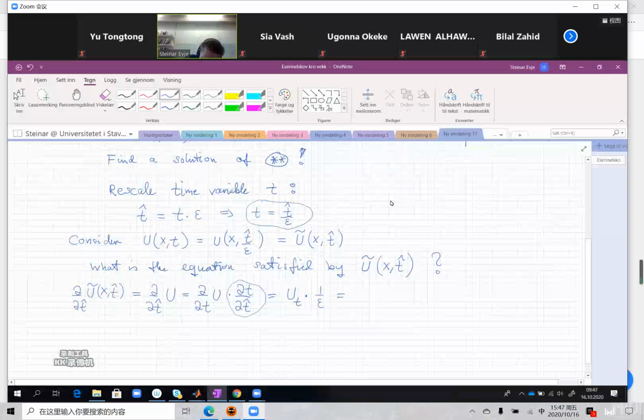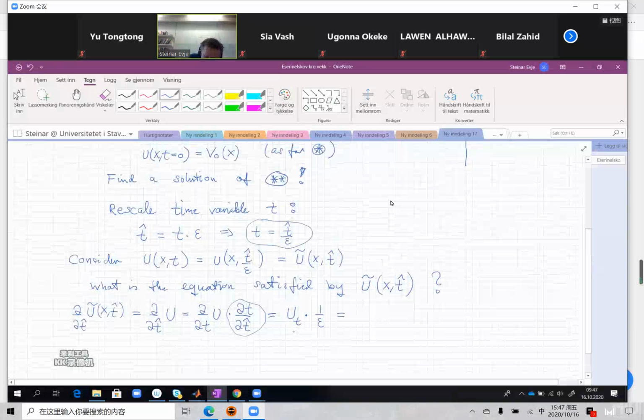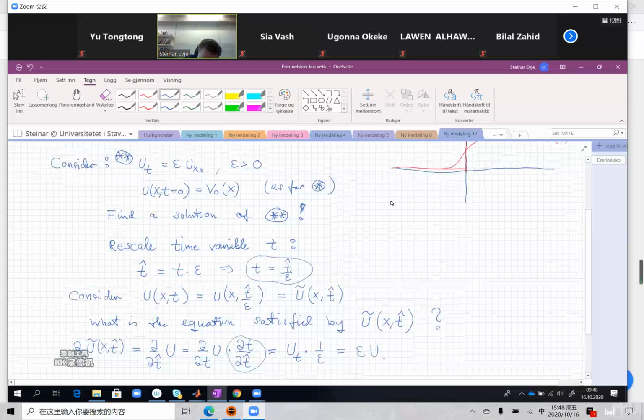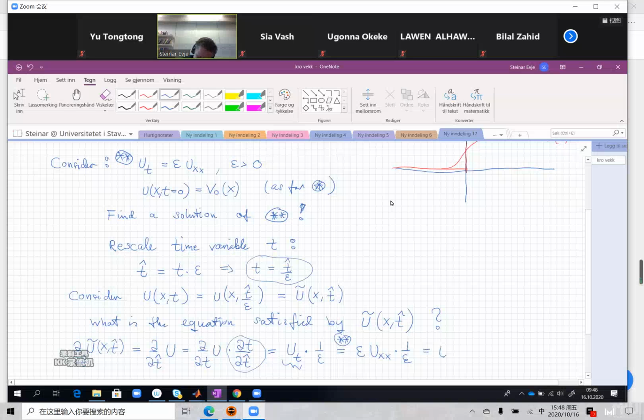But then we know the equation for u. So in particular, we know that u t is the same as epsilon u x x. We just use the equation, multiplied by 1 over epsilon. That will give us u x x.